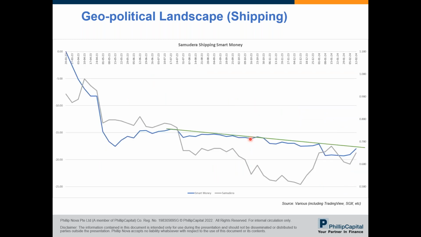But we do have one stock that is pretty much directly related to shipping, and that is Samudera Shipping. The ticker is S56. This will be the most directly involved of all the stocks listed in Singapore. It engages in the transportation of containerized and non-containerized cargo, operating mostly in the Southeast Asia region and in a small part in the Middle East as well.